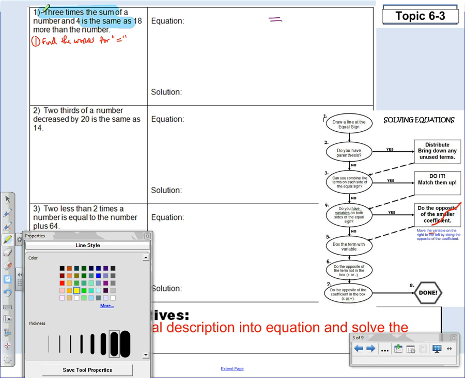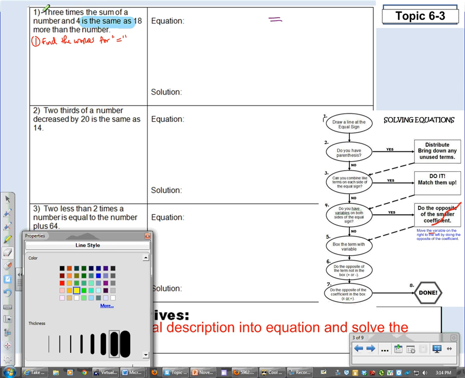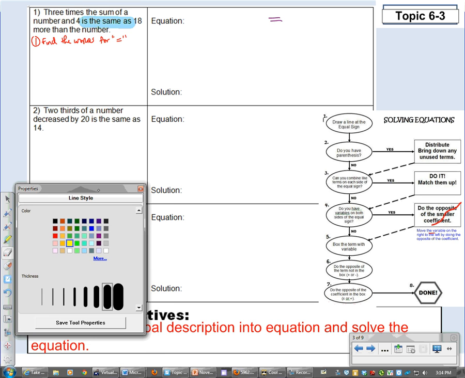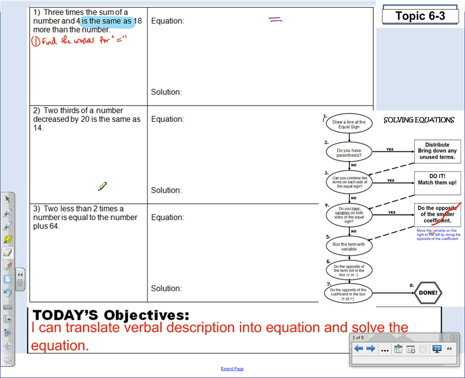The words prior to is the same as are the words that we need to use that come before the equal sign. So 3 times the sum of a number and 4 is what we need to put before the equal sign.